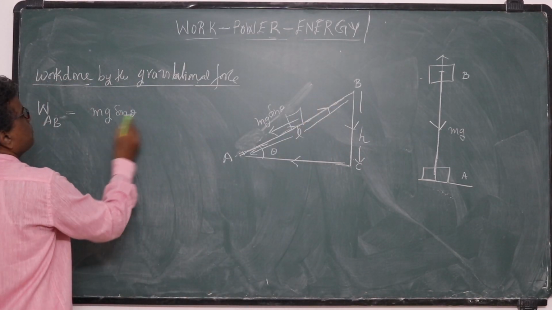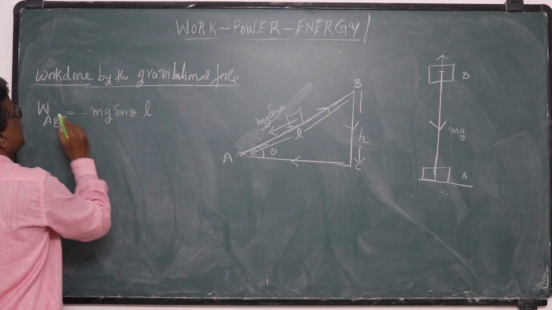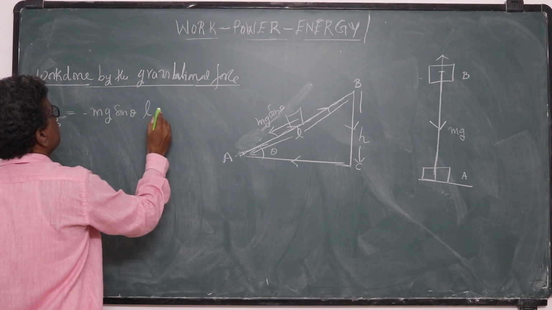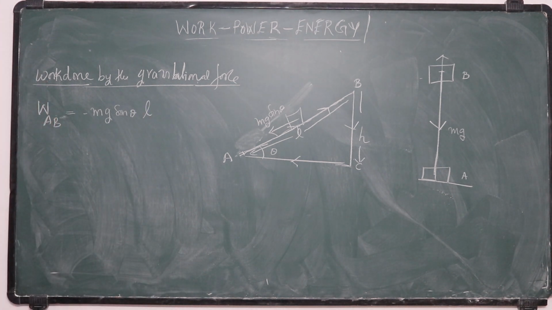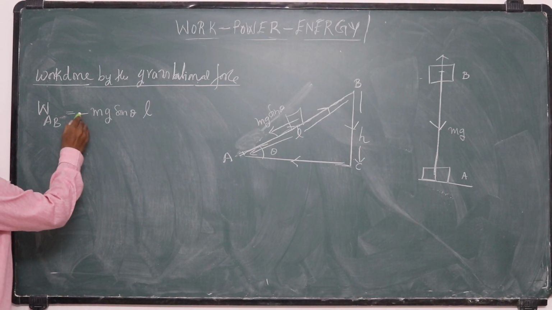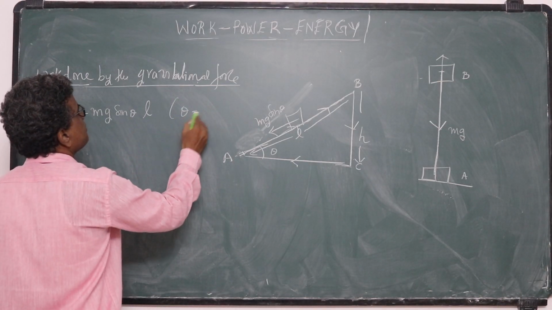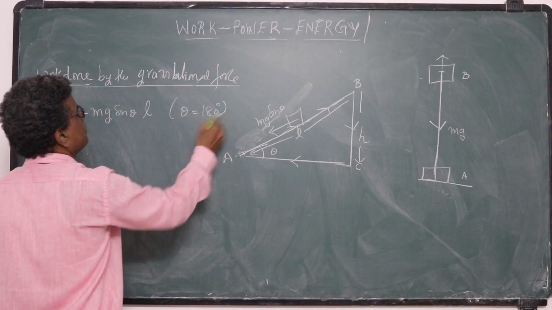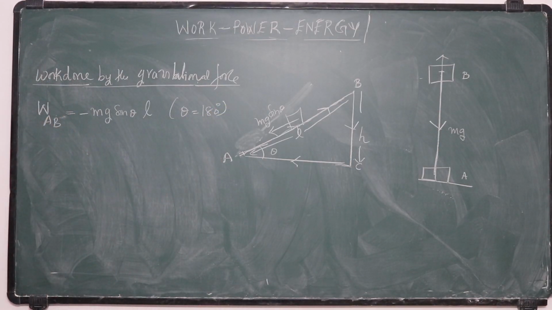So it is negative: minus mgL sin theta, using F into S. Why minus? Because here theta is 180. That's why you got negative work done by the gravitational force.